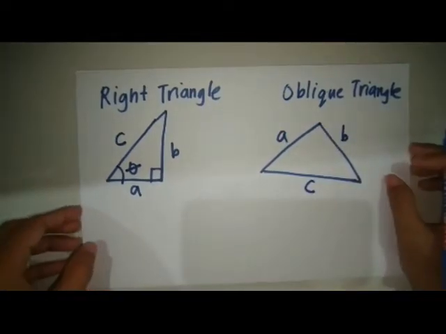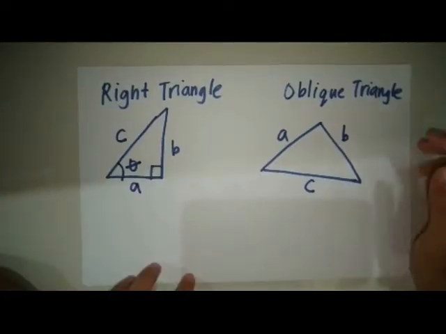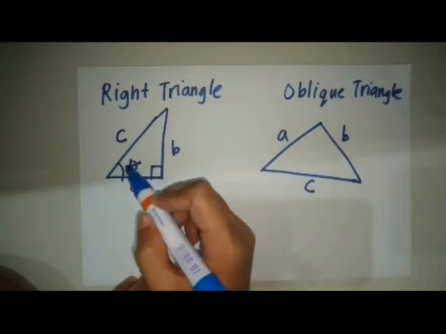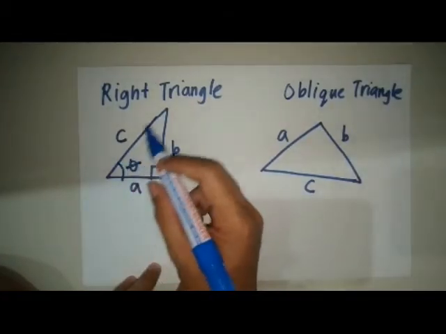So, in trigonometry, we're dealing with the relationship between the sides. You have three sides, and its angle. So, for the right triangle, we have the relationship between its sides.